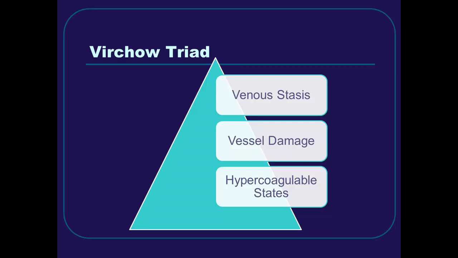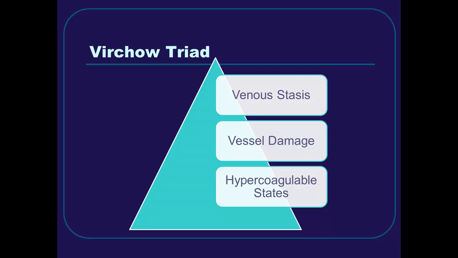These three factors are important in our understanding of spontaneous thrombus formation. So those three factors in Virchow's triad include venous stasis, vessel damage, and hypercoagulable states. Let's take a closer look then at all three of these because they matter in pathophysiology.